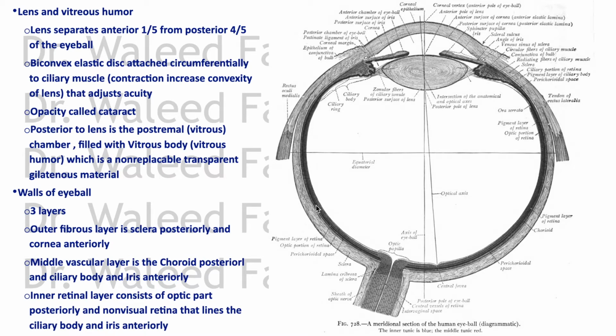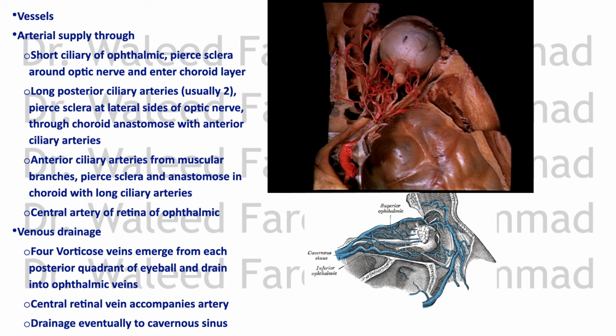It's full of blood vessels and pigments, and forms anteriorly the ciliary body, which is a ciliary muscle all around the lens, and processes that produce the aqueous humor and the zonular fibers that hang the lens in the middle. So this is the second coat. The third coat is the retina, of course, and we will study it soon after a few slides.